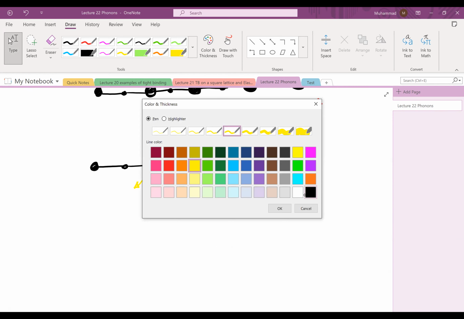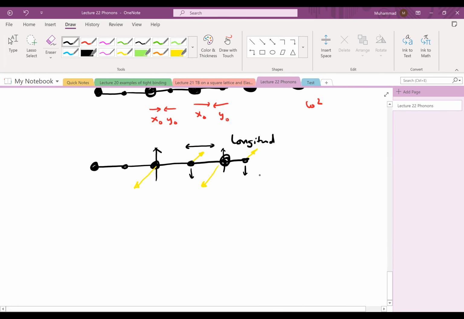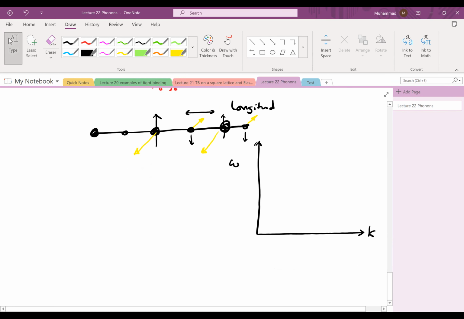So if I were to draw the dispersion relationship for these vibrational and acoustic modes at the same time, I put K here and I put omega here, I'll get an acoustic branch corresponding to the longitudinal waves.